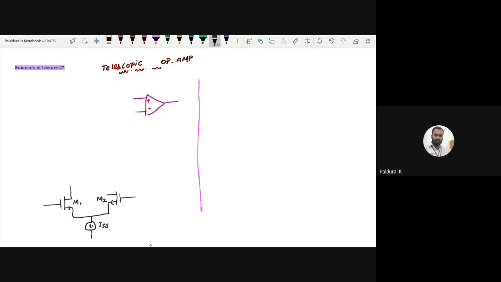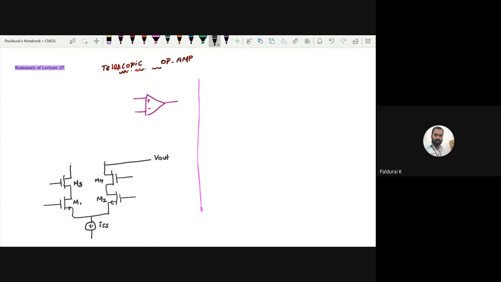Then you want to connect the cascode for these input transistors. I started with the NMOS, so I want to connect NMOS cascode. Let me call this M3 and this is M4. And here we will measure the output.